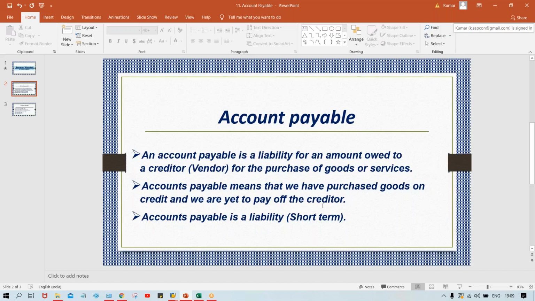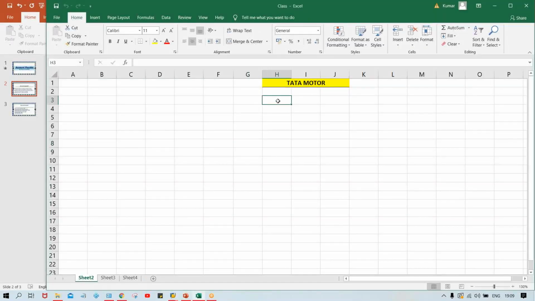So whatever payments are still due, let's suppose I have purchased goods worth 1,000 rupees from a particular vendor A. Okay, this is vendor A. From vendor B, I have purchased goods worth 4,000. From vendor C, goods worth 6,000.